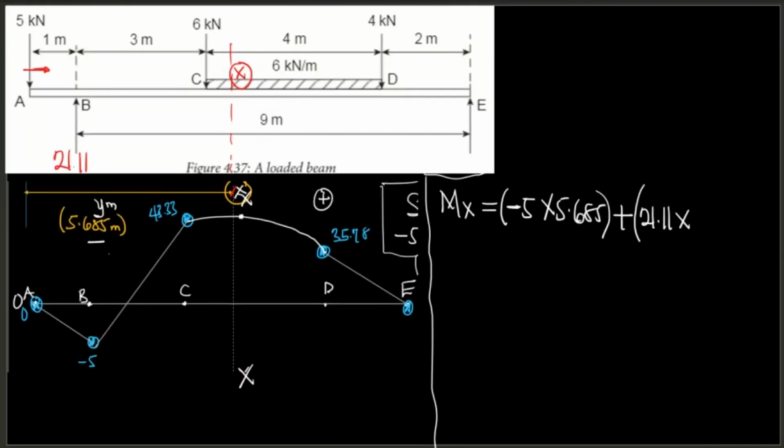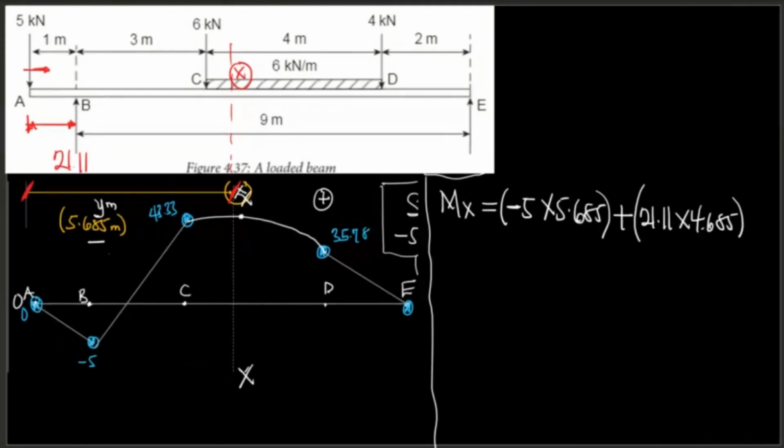I want you to look at something here. Minus, remember the distance from this point to this point is 5.685. So 5.685 minus 1, because there is 1 here, is going to give us 4.685.